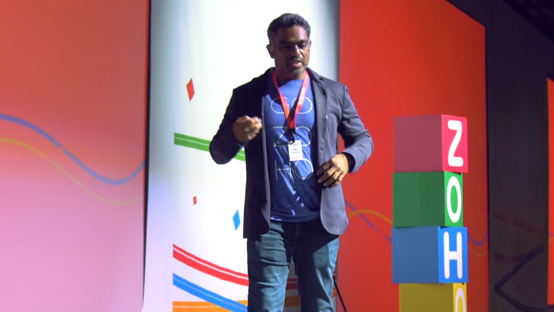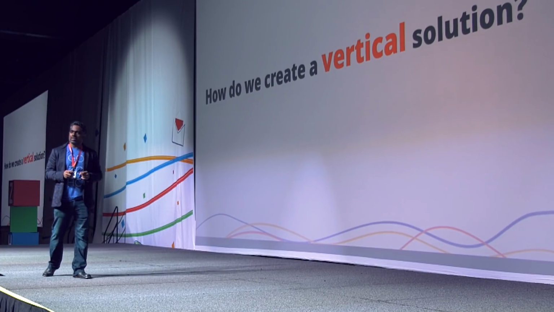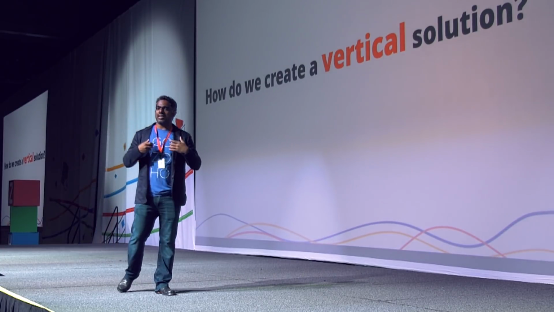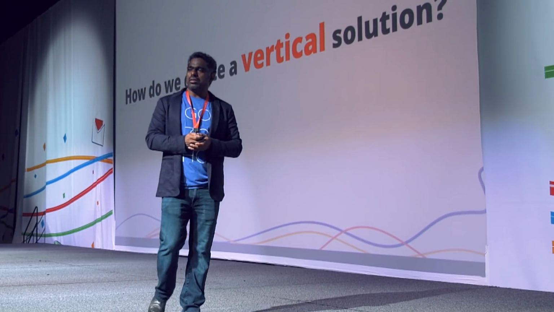Now, when we decide that we want to offer a vertical solution for commerce, then the question is, how do we go about creating this vertical solution? One way is certainly to build something from scratch and try to build a solution that is optimized for that vertical. Another way is maybe go acquire a few companies and try to put it together. Certainly that's not us. And then the third option is maybe build on something that is a comprehensive platform.